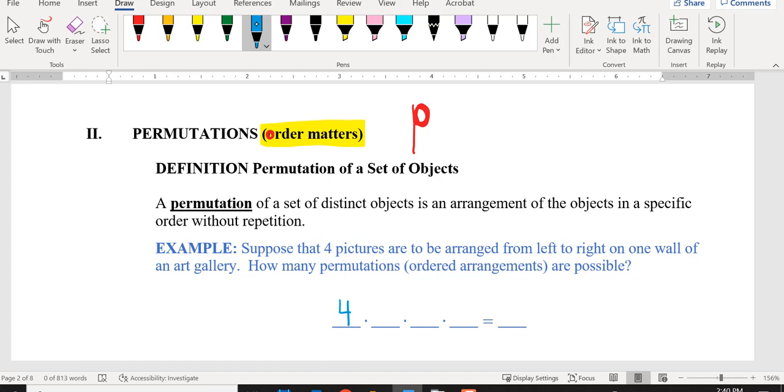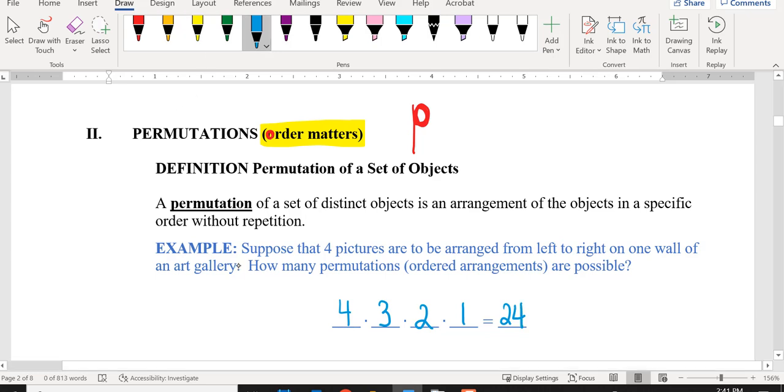Now, on the next spot on the wall, there's only 3 paintings to choose from. So now we've used 2 of them, and on the next spot, there's only 2 to choose from, and then there's only 1 painting left. So what is 4 times 3 times 2 times 1? Well, that would be 24. Same thing as 4 factorial, right?